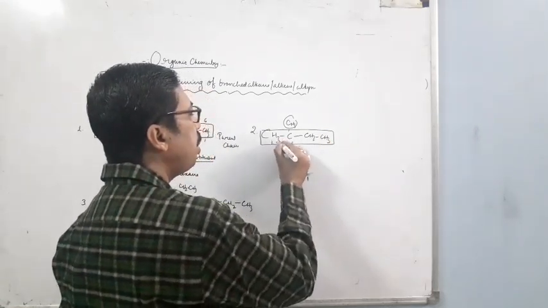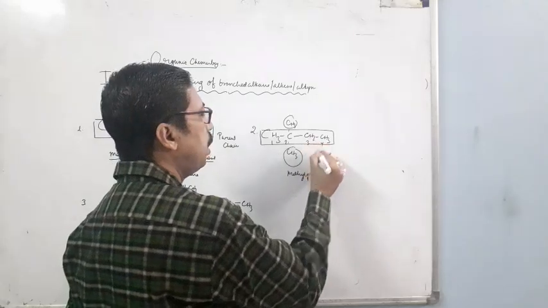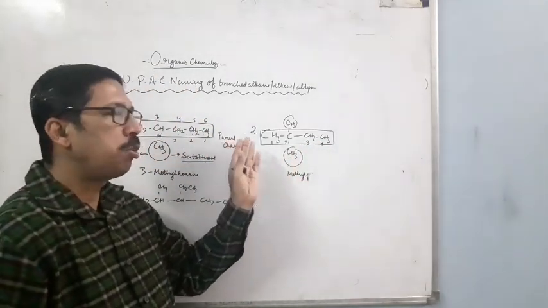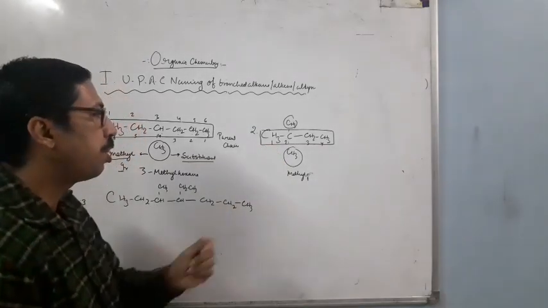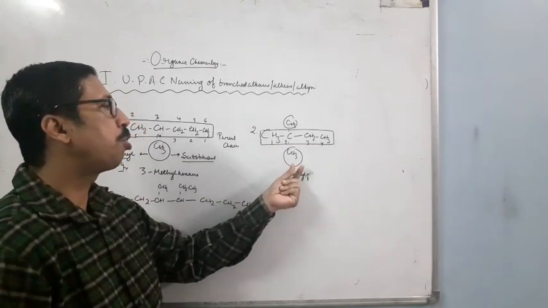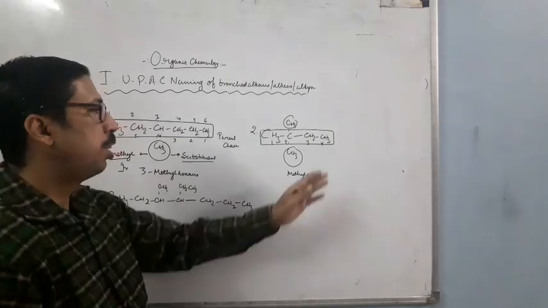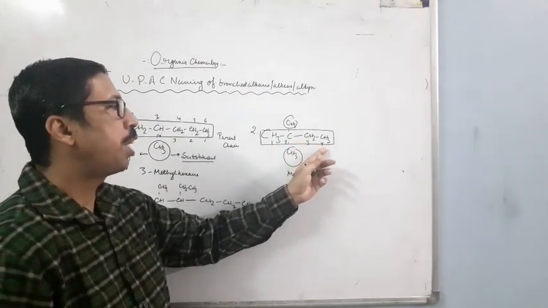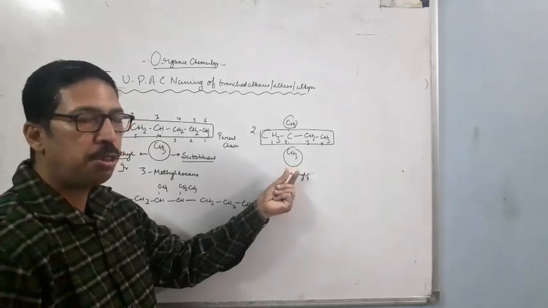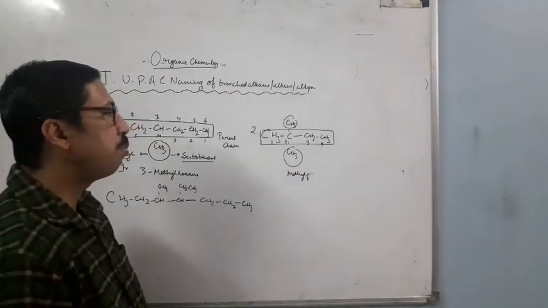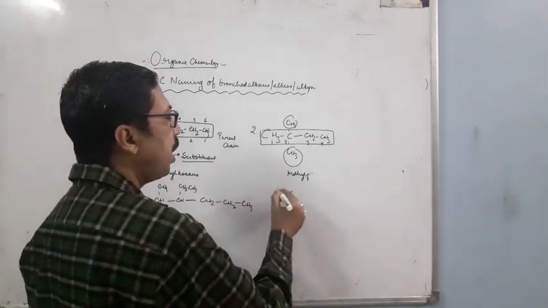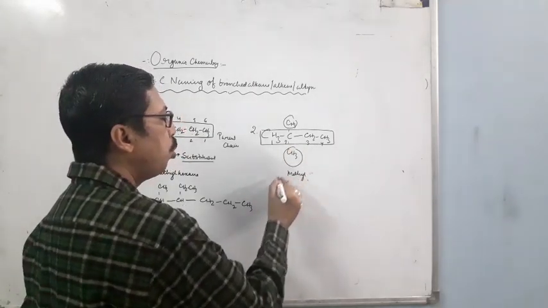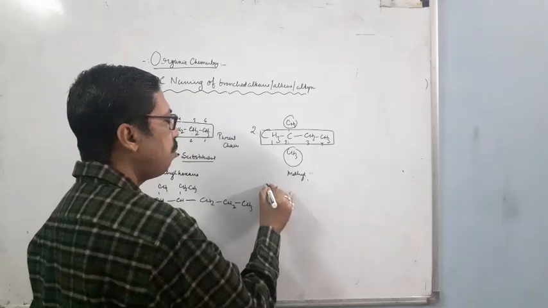Now write the IUPAC name: 1, 2, 3, 4. This is the numbering left to right, because when we give numbers from left to right, the substituent occupies the lowest number. If we number the carbon chain from right to left, then the substituent will occupy the highest number, that is 3. So we have to choose this one. Now both the substituents are at position number 2.